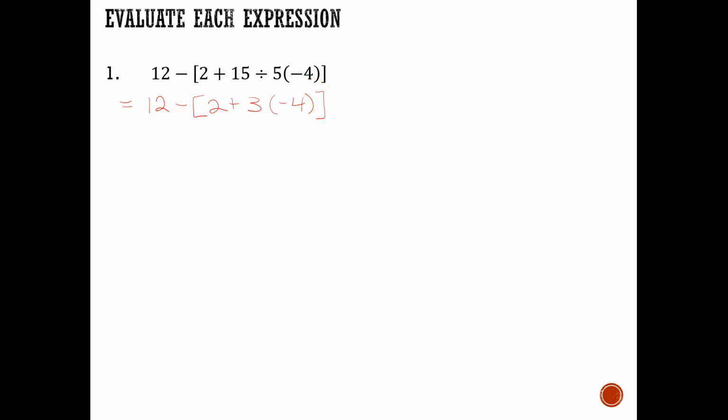So next step, we're still working inside the brackets. We've got addition and we've got multiplication. Multiplication comes before addition. Keep the brackets, still bringing everything down. And then we're going to do this operation. Positive 3 times -4 is a -12.